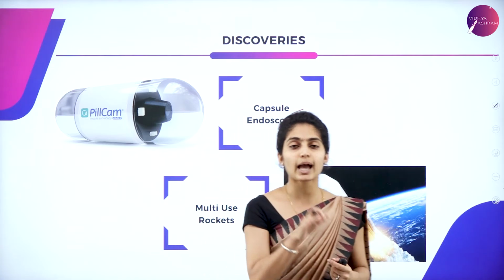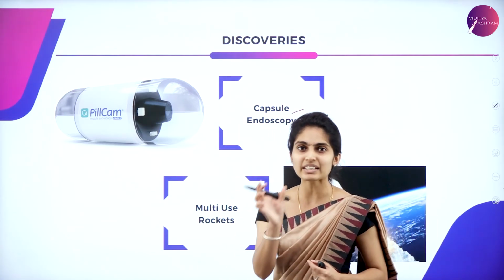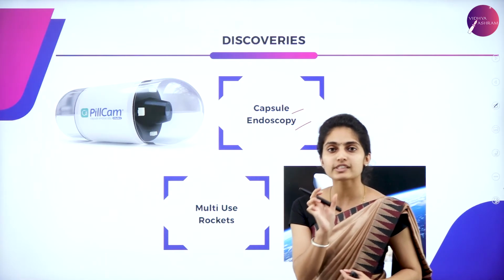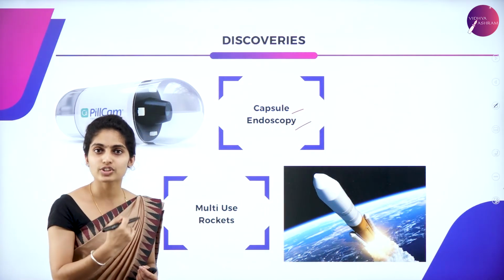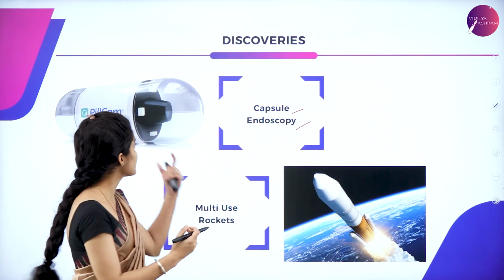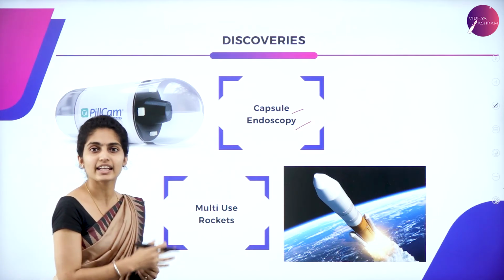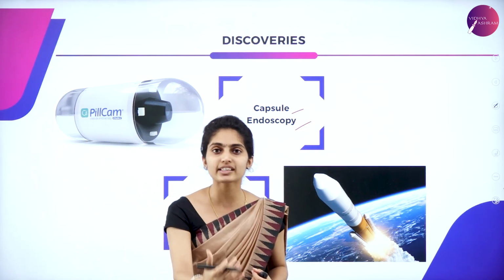But nowadays, they are using capsule endoscopy. The capsule endoscopy is just a capsule about the size of a vitamin tablet. This capsule enters our body, we just swallow it. The camera present over there captures the images.